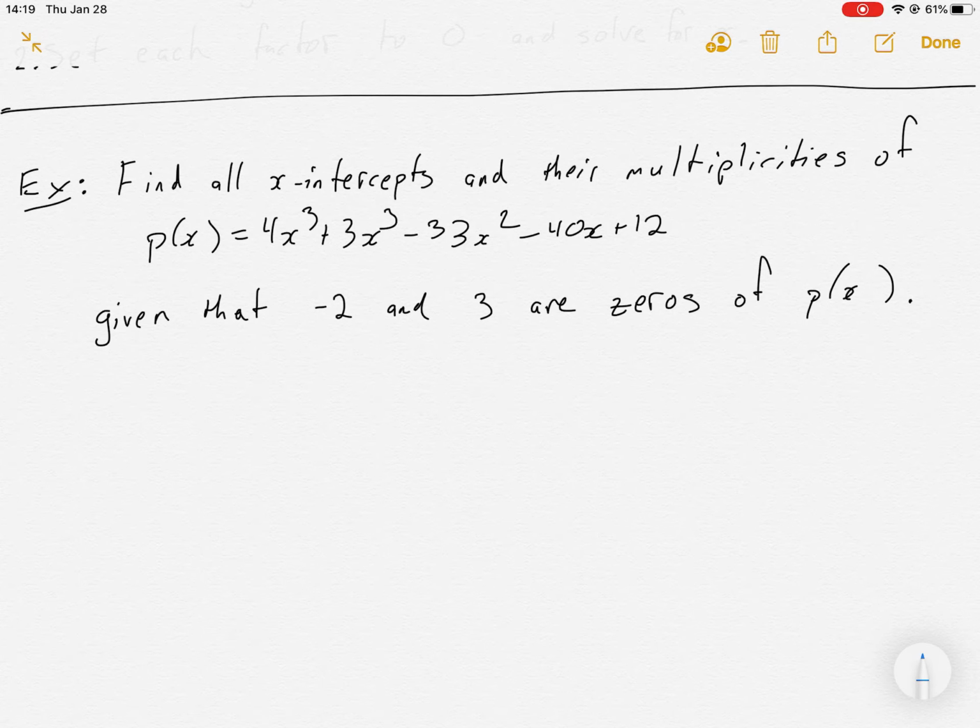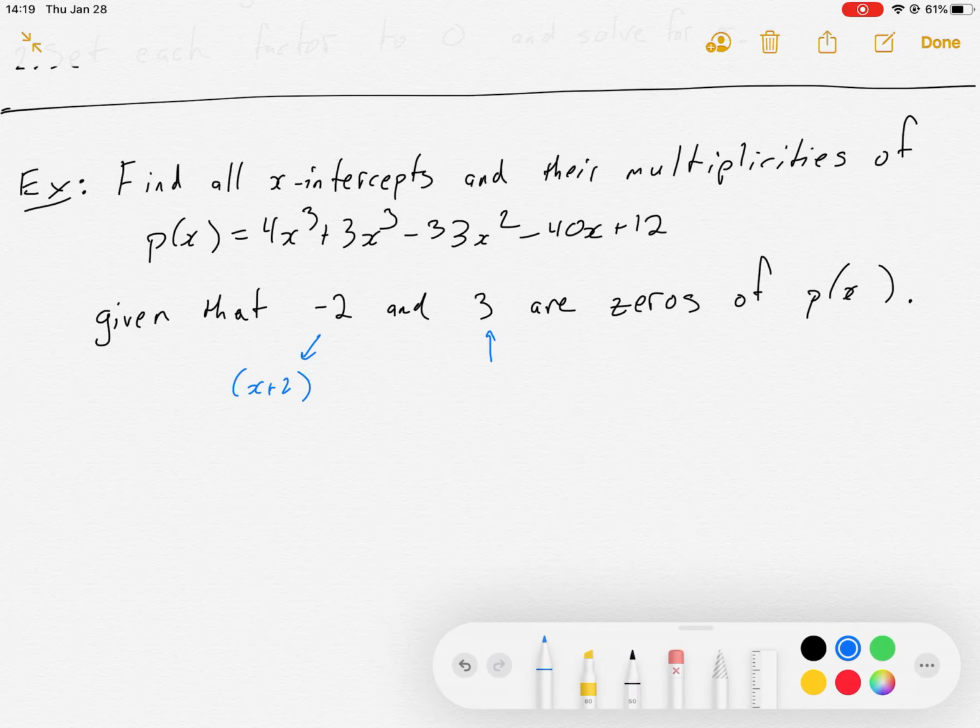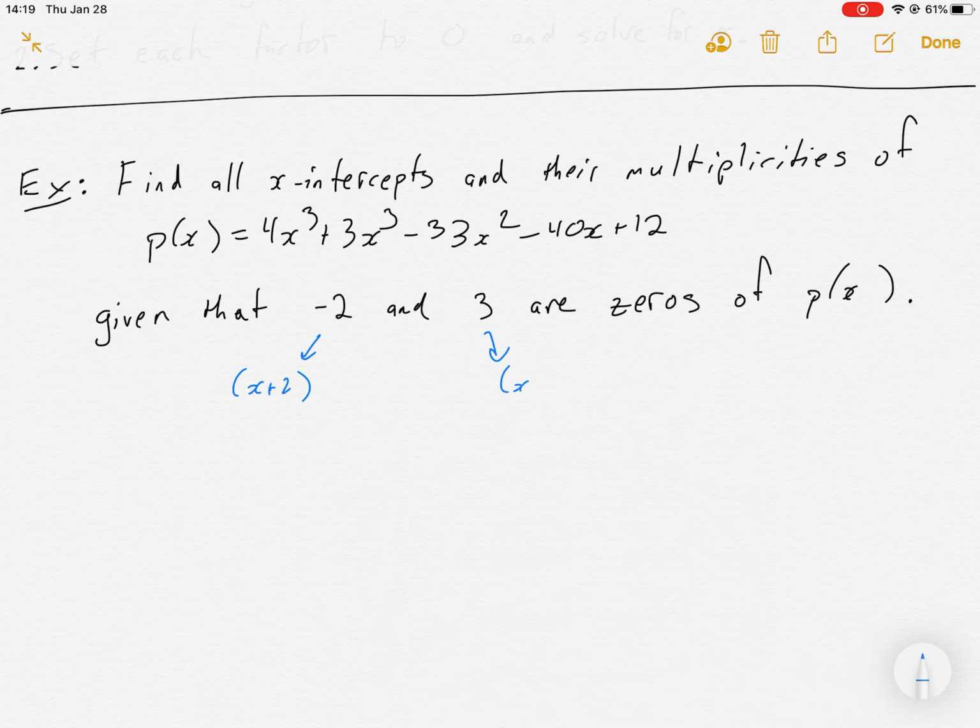All right, so something to note is that if -2 is a 0, that means x plus 2 is a factor, and x minus 3 is a factor over here. So let's go ahead and do synthetic division. I'm going to start with -2, 4, 3, -33, -40, and 12.